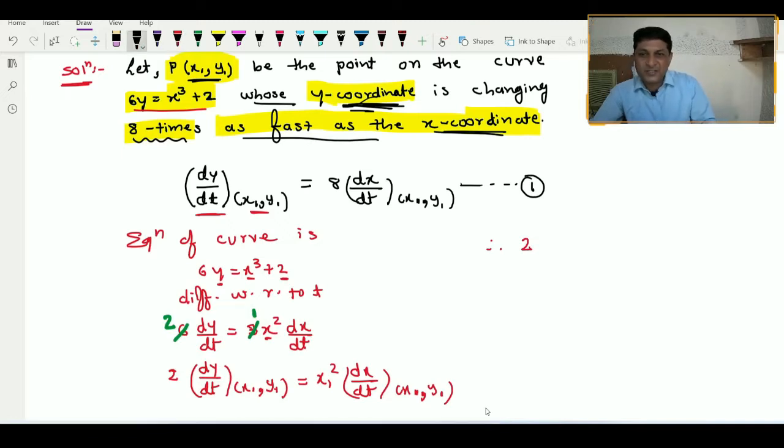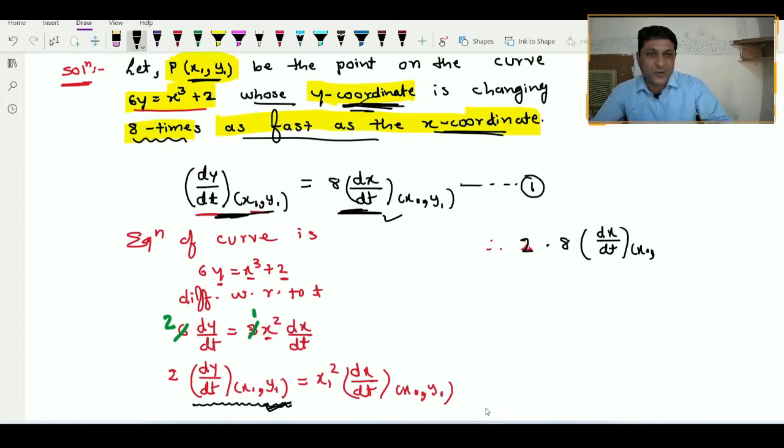Now we are substituting the value of dy upon dt at a point x1, y1, and according to equation number first, this value is equal to 8 times dx upon dt. Dy upon dt at a point x1, y1 from equation first can be replaced by 8 into dx upon dt at a point x1, y1. Keep the right hand side as it is. That is nothing but x1 square into dx upon dt at a point x1, y1.